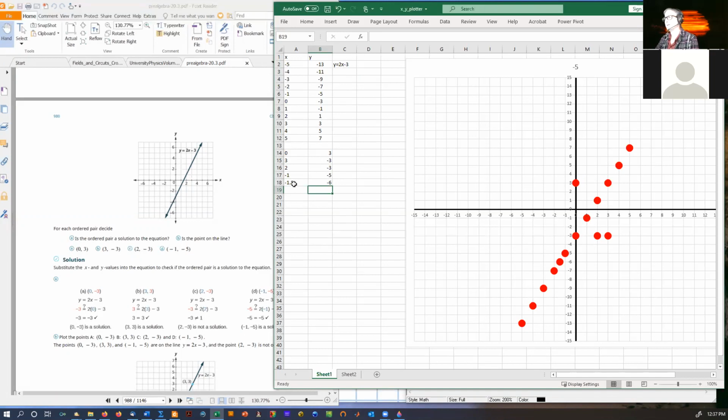So probably it's close, right? And it is. 2 times negative 1.5 is negative 3, minus 3 is negative 6. So y is equal to negative 6. I don't know if that went by too fast, but by plotting things graphically, you can tell really easily whether or not something is a solution to an equation.